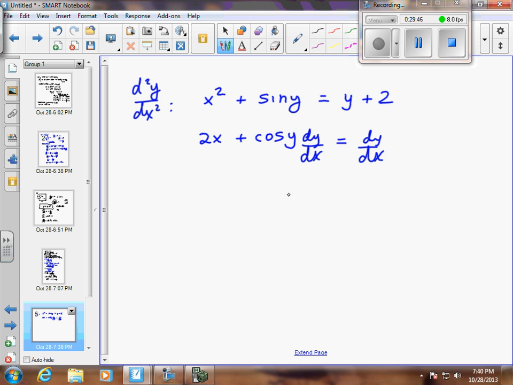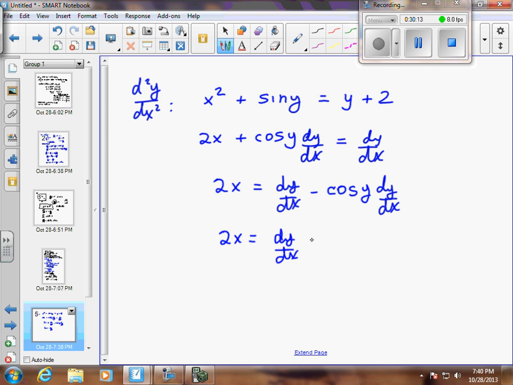At this point, I want to get all of my dy dx's on one side of the equation so I can isolate it. And I'm going to do that by subtracting the cosine term from both sides. Once I do that, I will factor out dy dx.